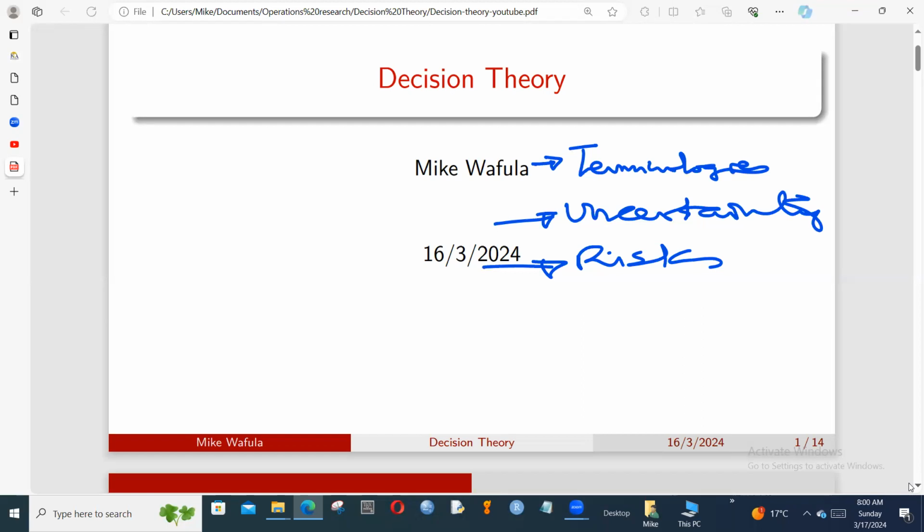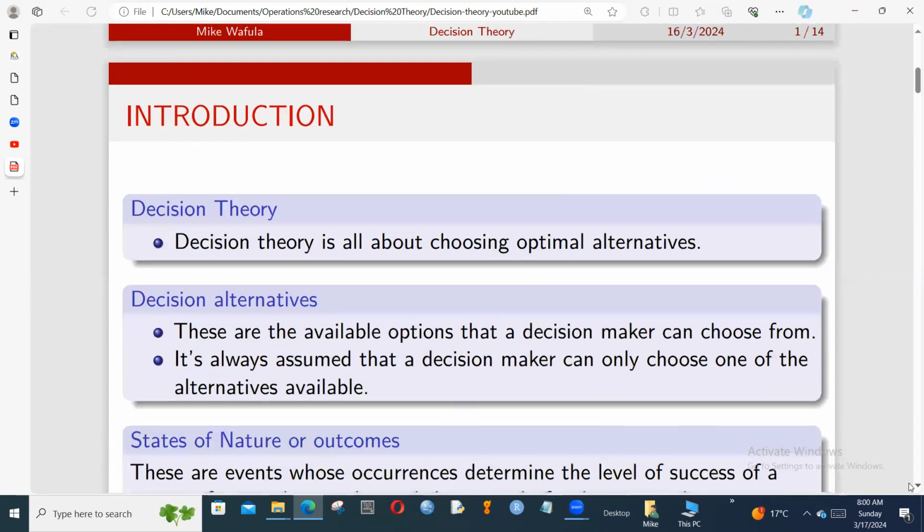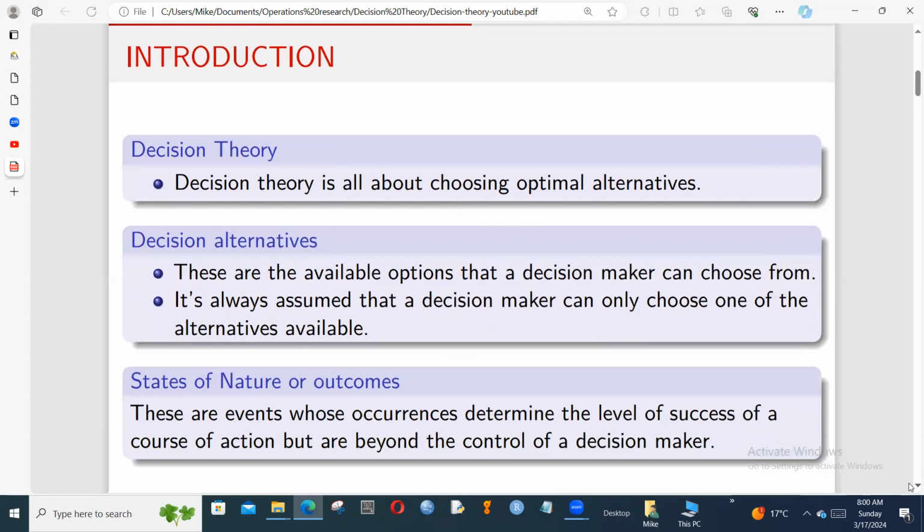But we are looking at it in the context of optimization because decision theory is one of the techniques that is heavily used in operational research. Now, as an introduction, as we look at the definitions of some concepts in decision theory, the first terminology we look at is decision theory itself. It's defined as just about choosing optimal alternatives.